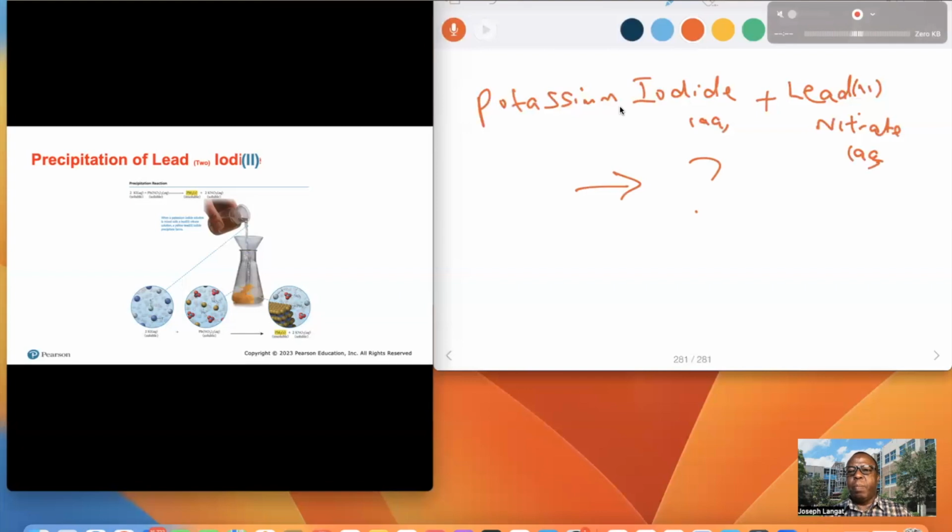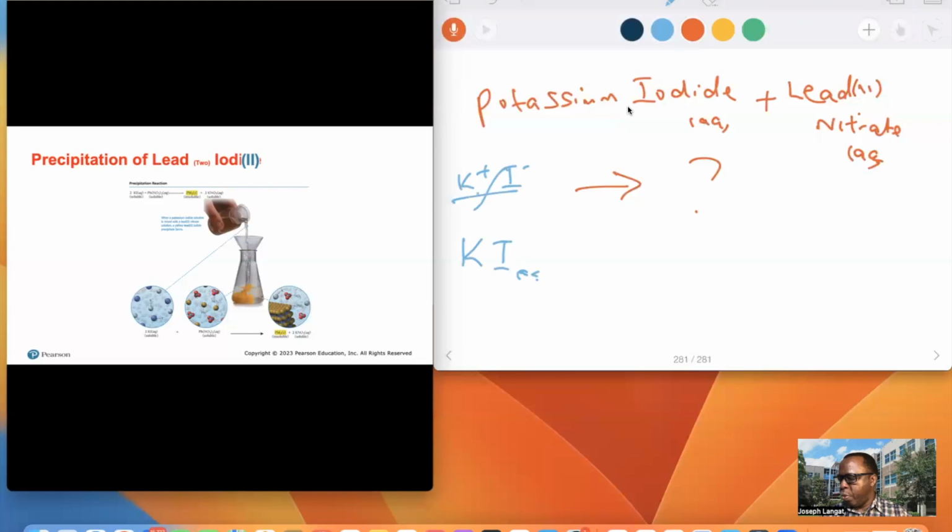So for potassium iodide, you should use the periodic table. Potassium is in group 1A, iodide is in group 7A, positive 1, negative 1. Crossover rule. That's how we ended up with that.